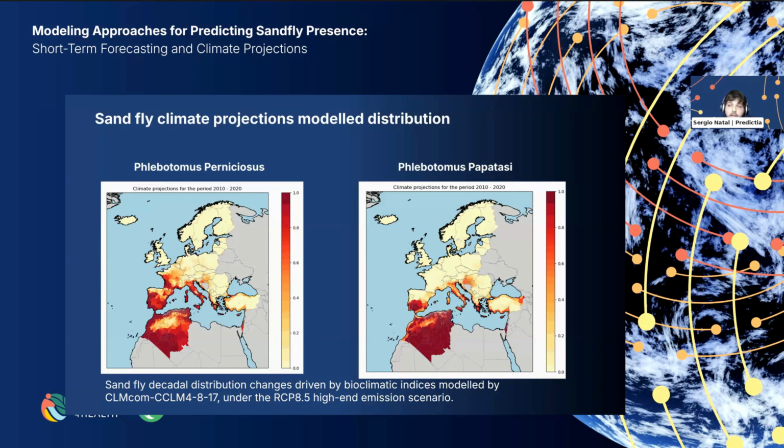From a public health and risk perspective, this implies the emergence of new risk areas, changing exposure patterns, and the need for anticipatory surveillance and planning. So climate-driven redistribution of vectors directly translates into changing disease risk landscapes.